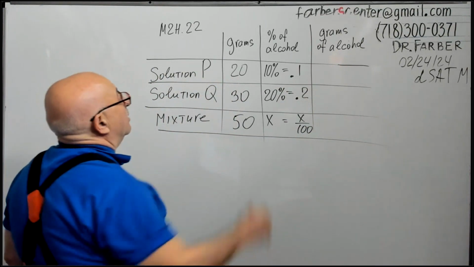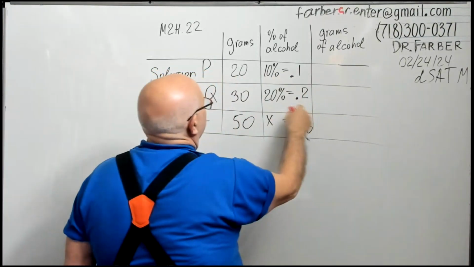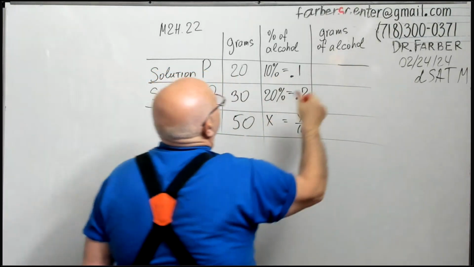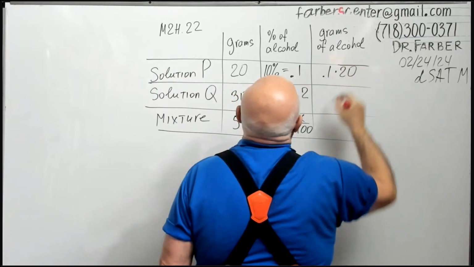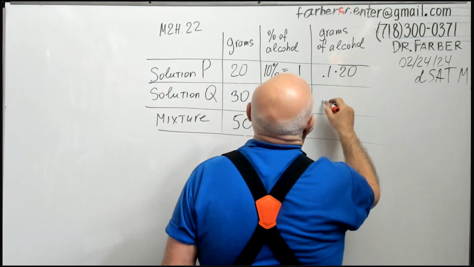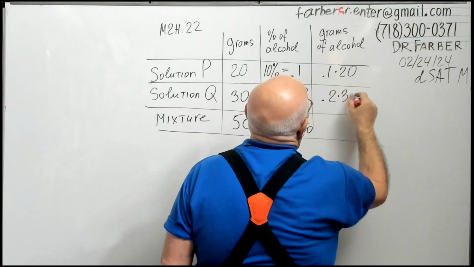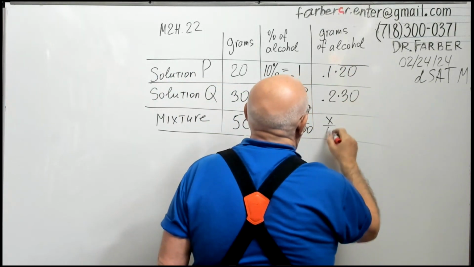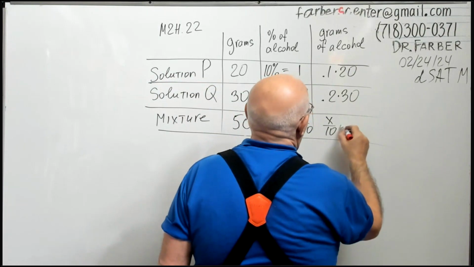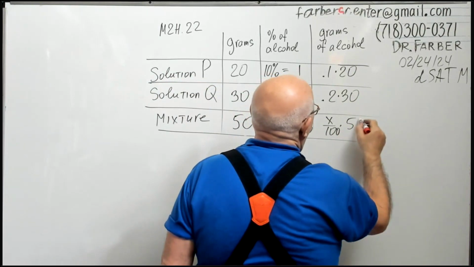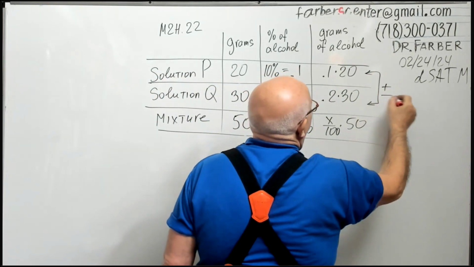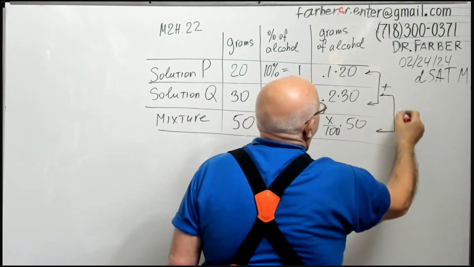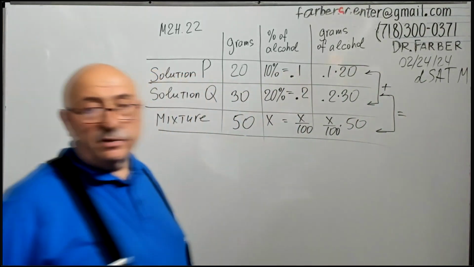And for grams of alcohol, you always multiply these two columns. It would be 0.1 times 20, this 0.2 times 30, and this x over 100 times 50. If you mix this and this, you will get this. Any questions about this step?